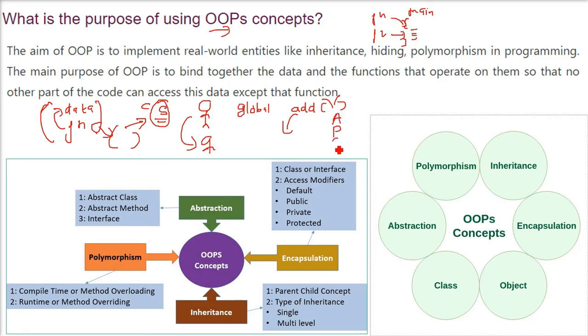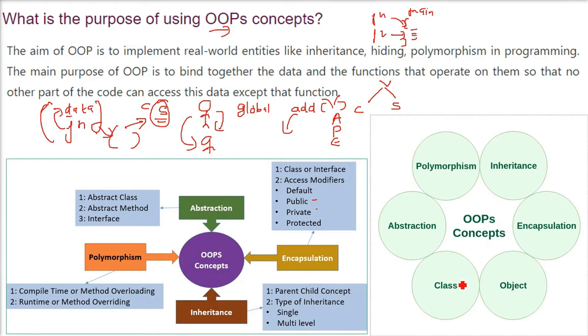Then we have encapsulation, which is all about having the data and function inside, and we have the class or interface. Inside this we have modifiers, and then inheritance, of course, the parent-child concept. So now you can make a vehicle and then inherit the car, any kind of Ford or say Chevrolet, etc. And these four things are the basic building blocks.